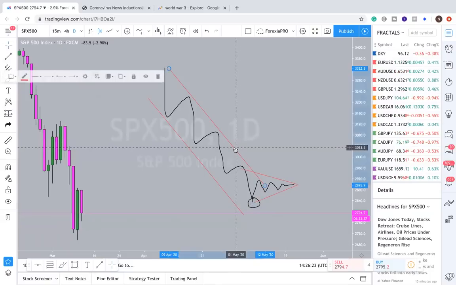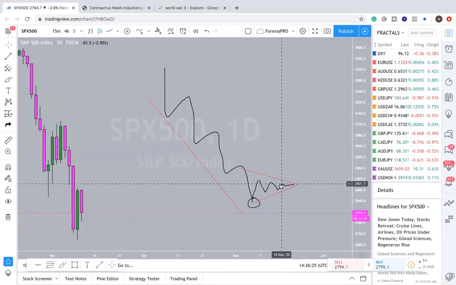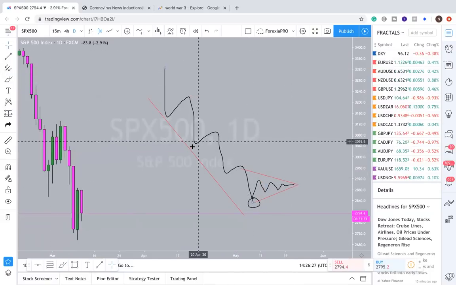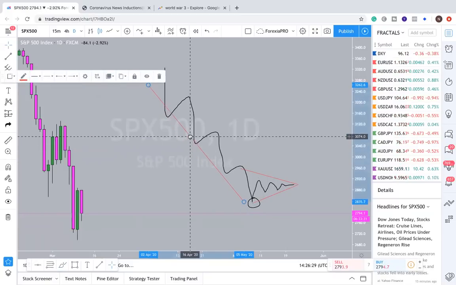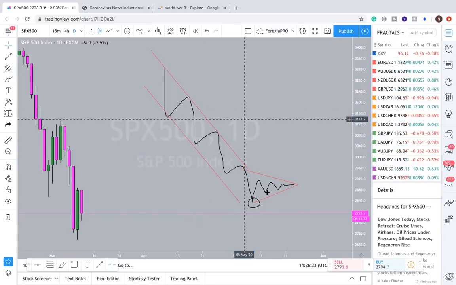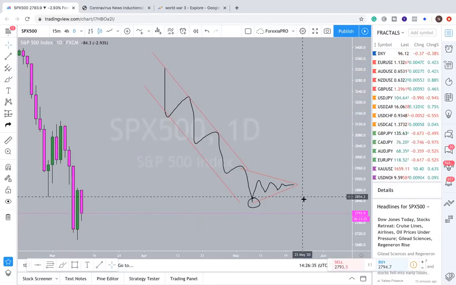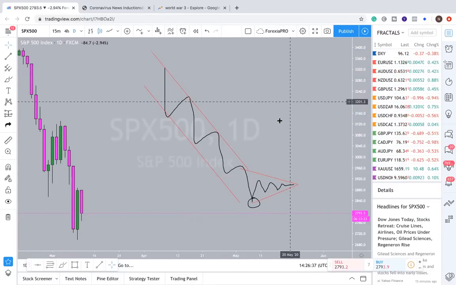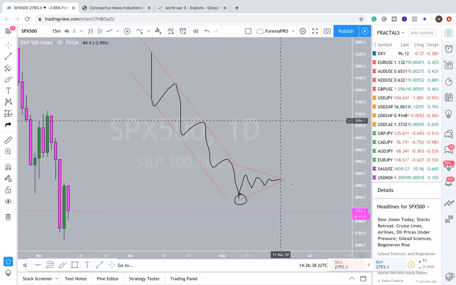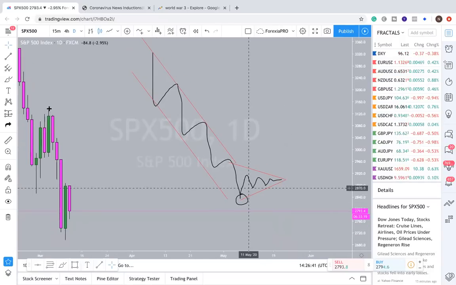Now, if this pattern is to induce with the trend and then reverse against it, then it has to induce to the downside.